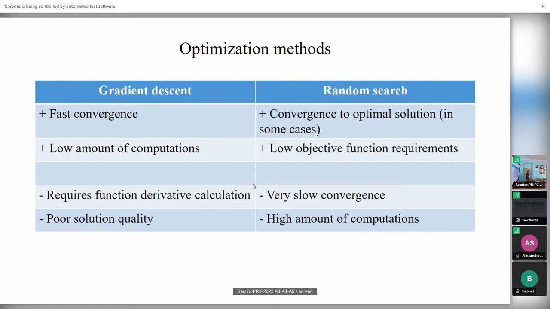To measure the objective function value, to construct the estimation, we require all the training data. So this is the main limitation of random search. But nowadays computers are becoming more and more powerful, so this problem is becoming less and less significant. That's why random search algorithms are becoming more and more popular nowadays.